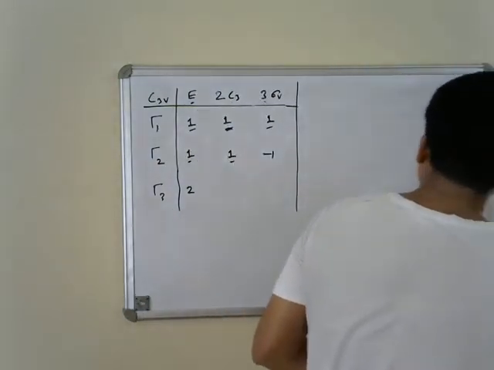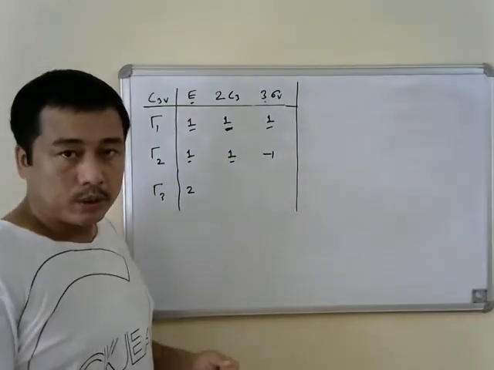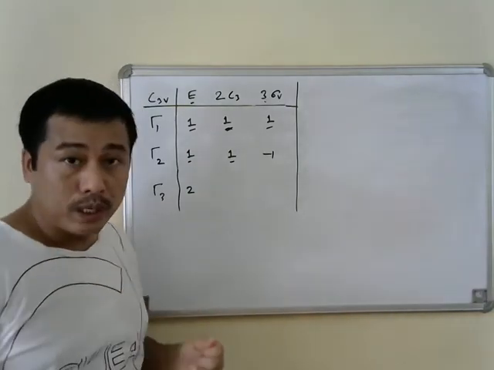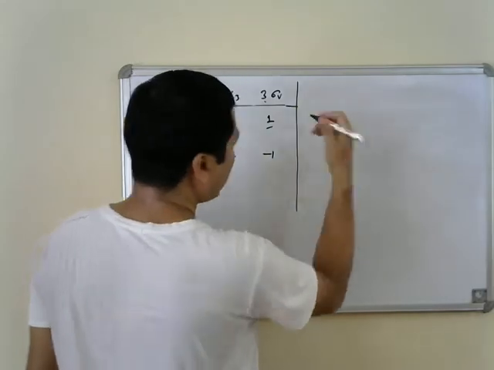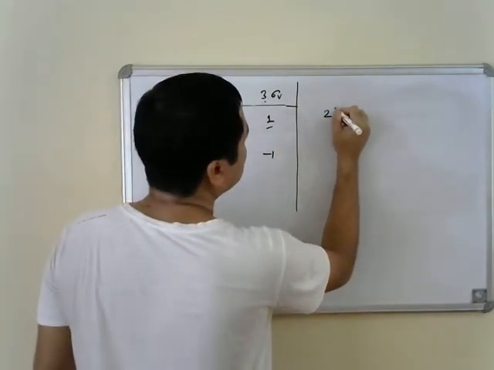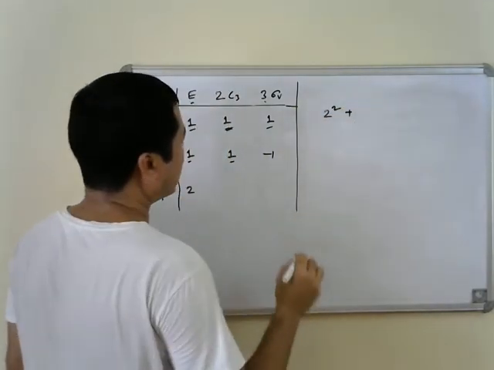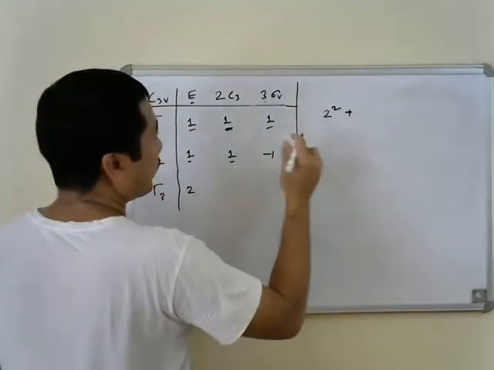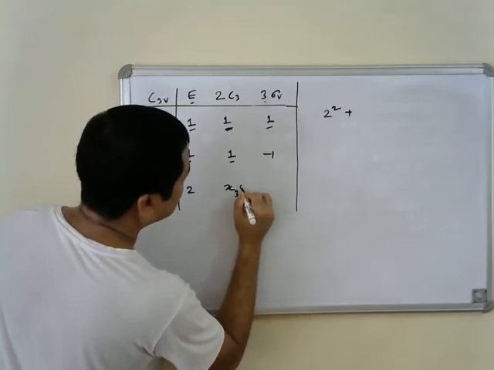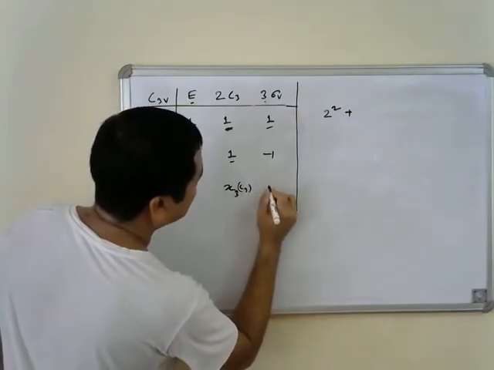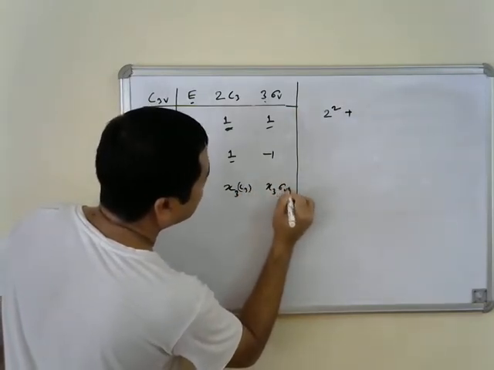Now we need to find out the characters for the third irreducible representation, which is a two-dimensional representation. Again, if we go for the second rule, it says the sum of the squares of the characters, that is 2 squared plus, let's assume these two characters to be chi3 c3 and chi3 sigma v.